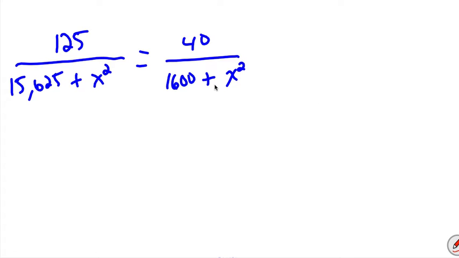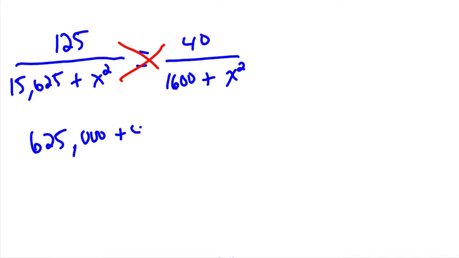Now we will cross multiply. Okay, so cross multiply. So I'm going to do 15,625 plus x squared, multiply that by 40, and you're going to get 625,000 plus 40 x squared.